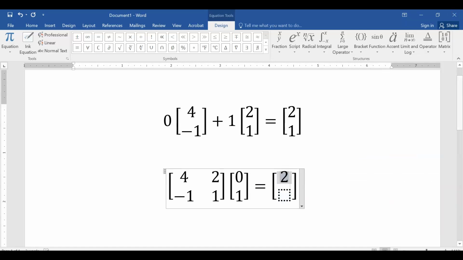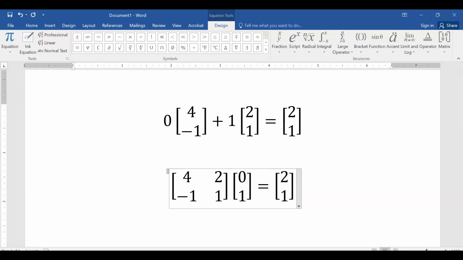So as a matrix equation, it looks like this. Again, we call this the basis matrix, P sub B times X sub B equals my X vector.